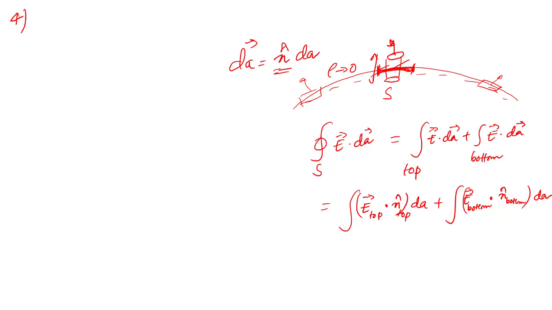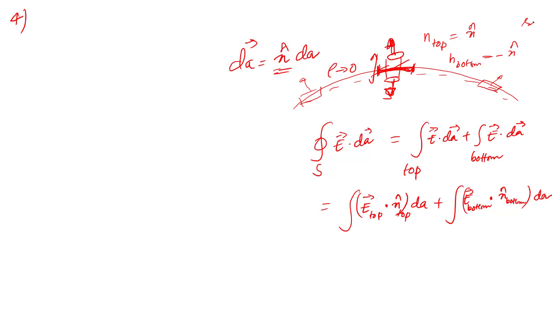Right, the bottom area vector need not be equal to the top, because in the simple case of the flat sheet, this is pointing downwards, this is pointing upwards, so there could be different directions there. In case of the spherical surface, we do know that the top is n, and n bottom is minus n.